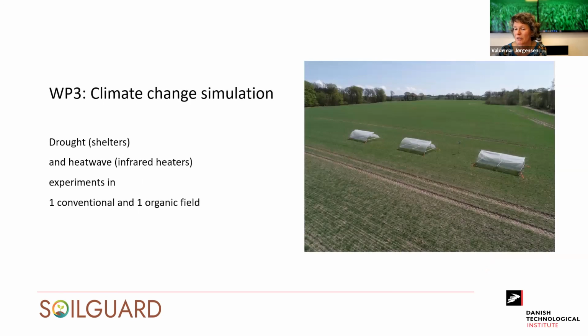In the climate change simulation, you can see here we are putting up these shelters in the fields, and they are left there for 3 months. And inside half of the shelters, we will, in July this year, put up a ring of heaters to create the heat wave.